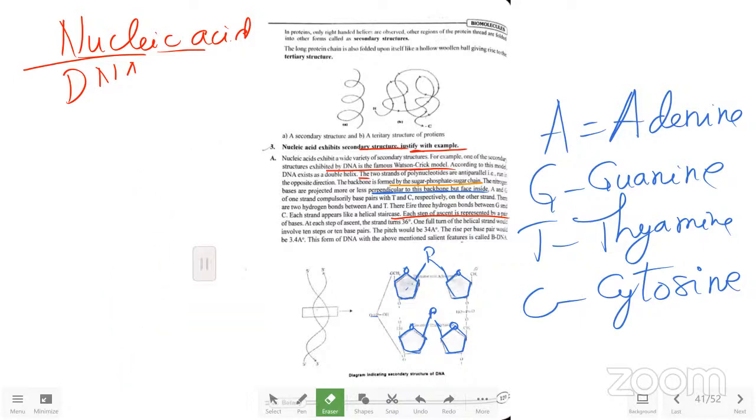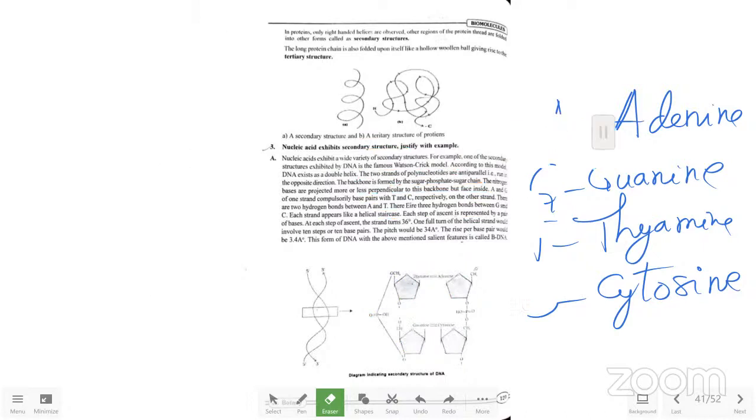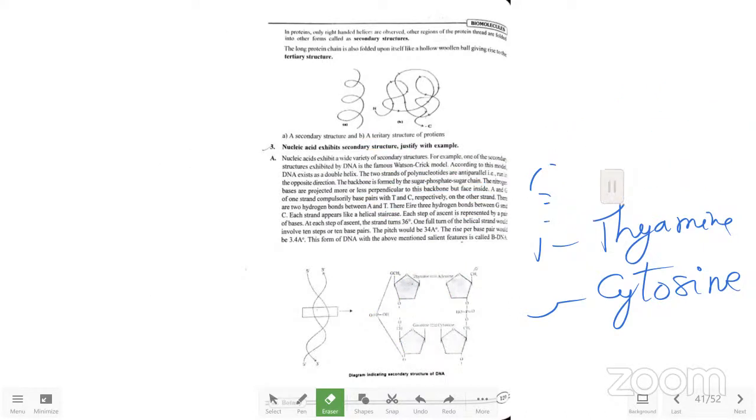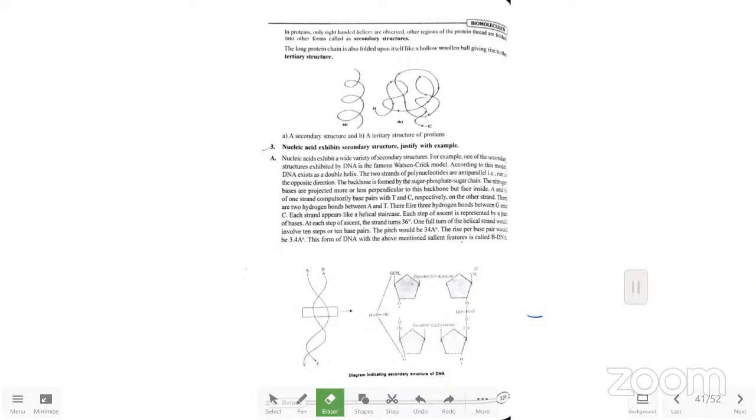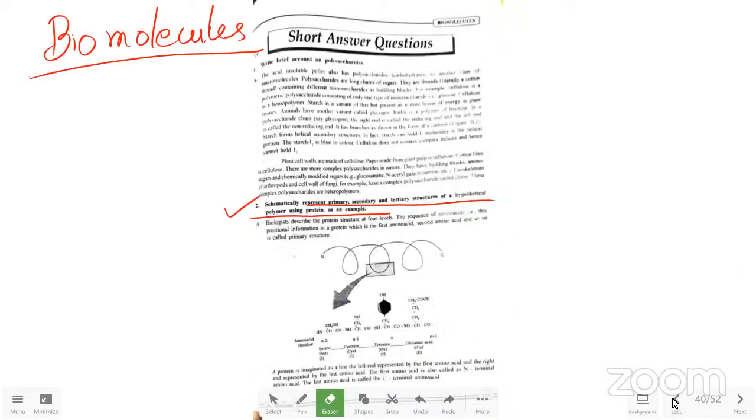Very rarely they will ask the primary, secondary, and tertiary structure of the protein, a polymer, and to give an example. The proteins are made up of amino acids, which have 4 levels: primary, secondary, tertiary, and quaternary structures.